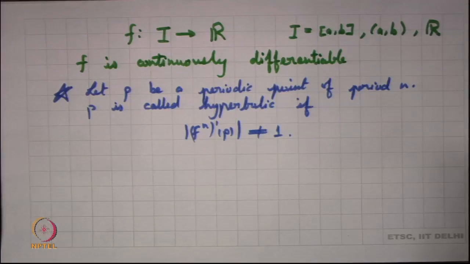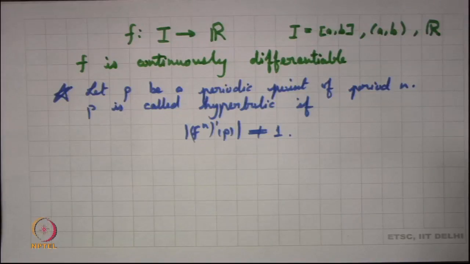Basically, this does not lie on the unit circle. Since we are only looking into mappings from R to R, this value is neither 1 nor minus 1. So, this is our definition of a hyperbolic periodic point, and we can start looking into some examples.